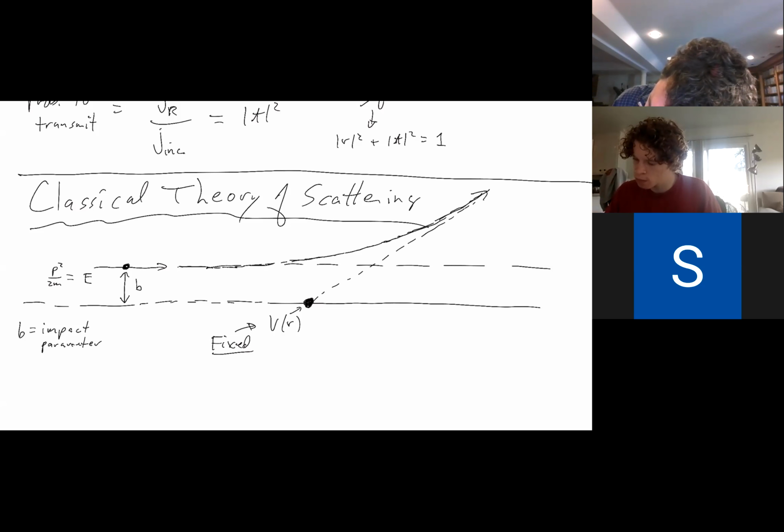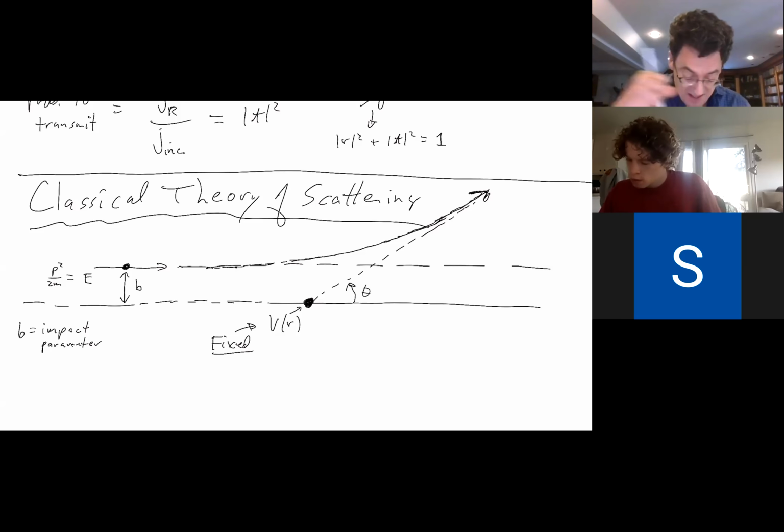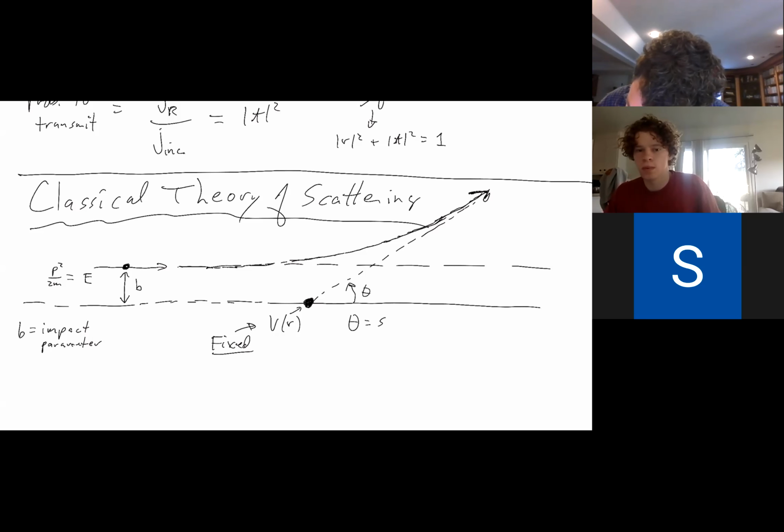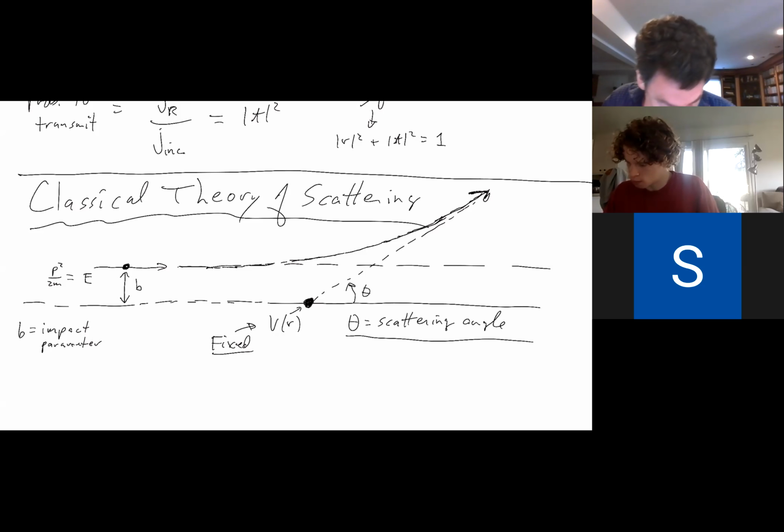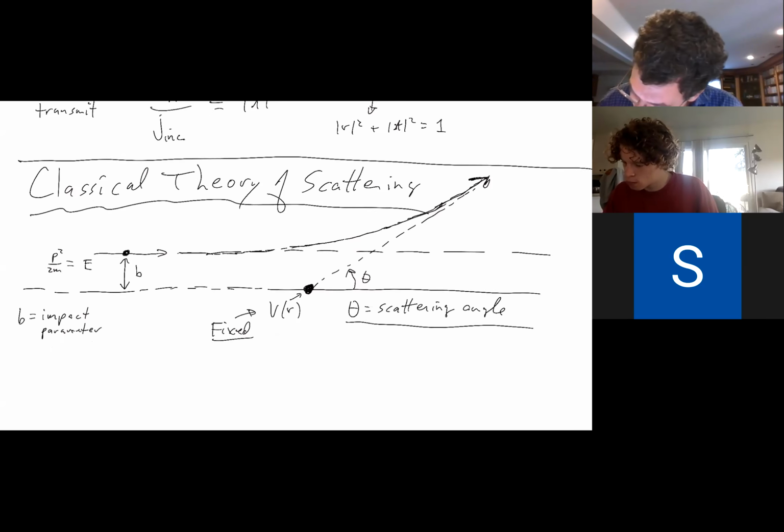But it shoots off into the distance, lives happily ever after, and it goes off at some angle that I can define, theta. And theta also has a special name. Theta is the scattering angle.